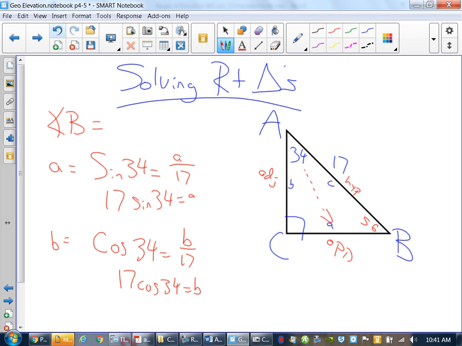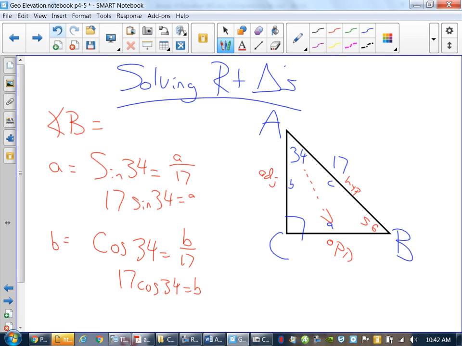Cosine is the adjacent over hypotenuse. Tangent is the opposite over adjacent. So if I have an angle and a hypotenuse, I'll be able to figure out an opposite and adjacent. That's the idea here.